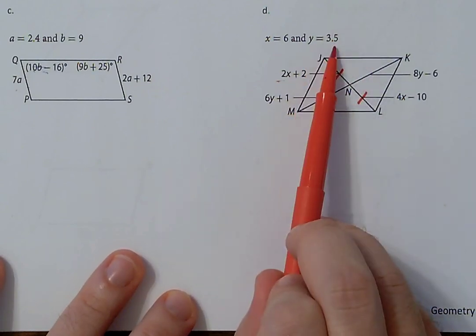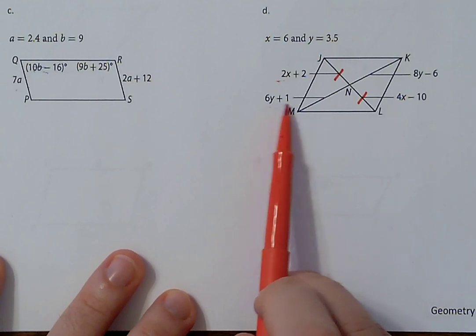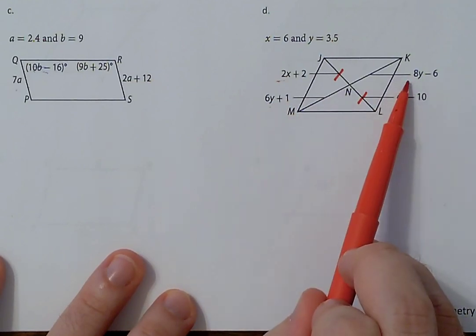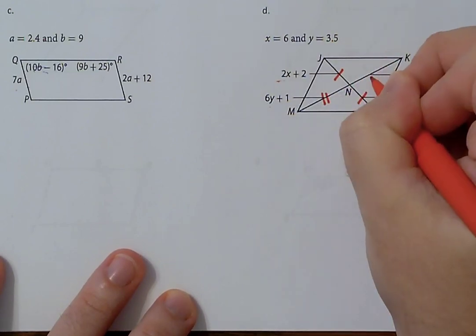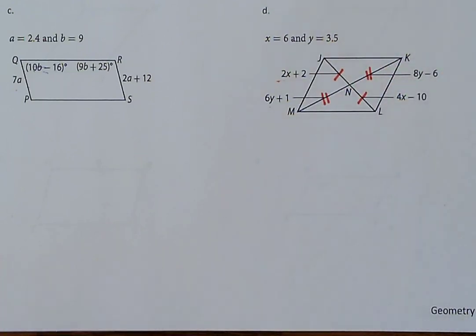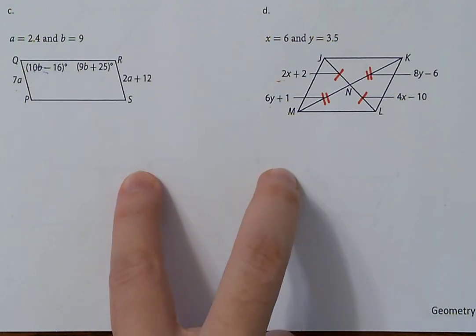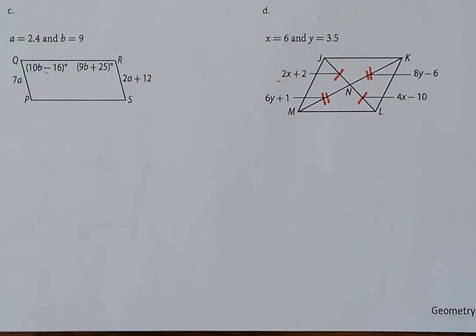And then if I took 3.5 for Y, if I plug it in for 6Y plus 1 and 8Y minus 6, that MN and KN should be the same measure. So like I said, you can reference my completed notes to see how those are done and to verify that they are parallelograms. Both of these are in fact parallelograms. So you're just going through and confirming that they are.